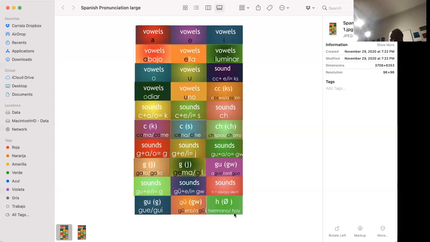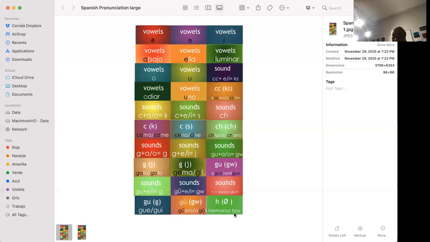Or when the GU is gua, as in the word agua or antigua. That is if you have GU and right after the GU is the hard A or the hard O. But if you have a GU and right after that is the soft E or the soft I, then the U has no sound.